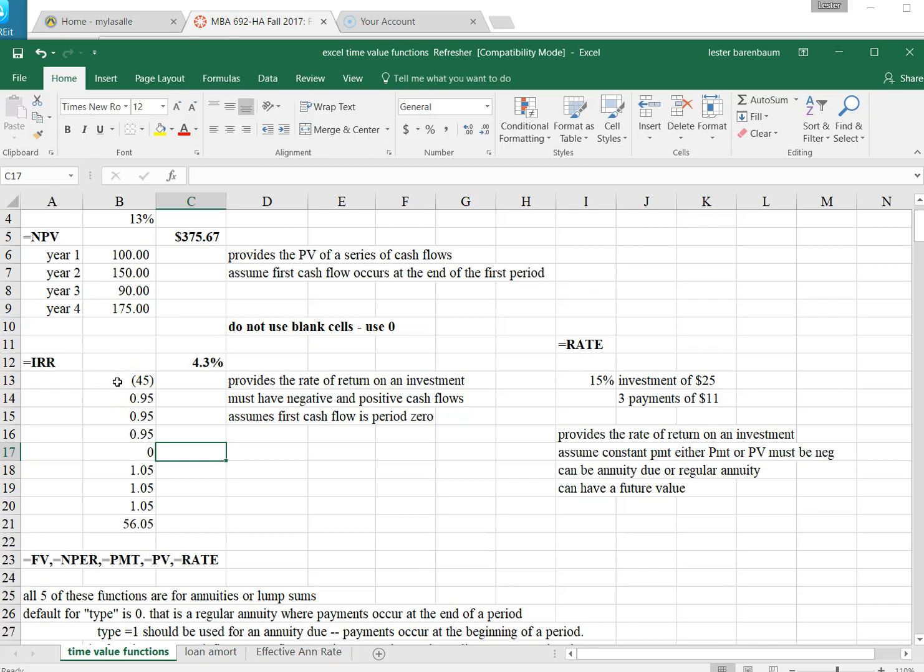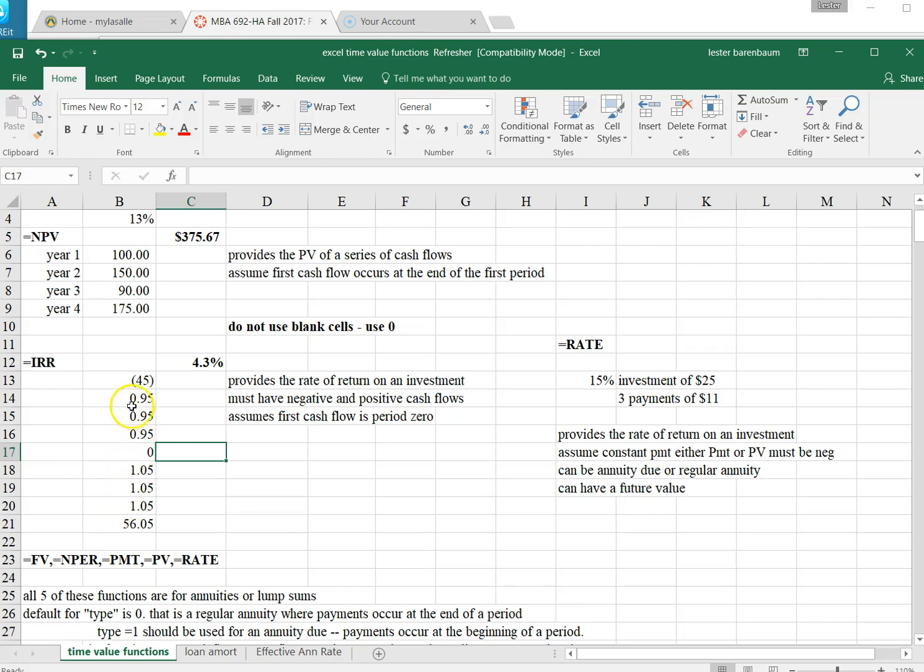The sum of the cash flows, or at least one of the cash flows, must be negative. IRR is premised on an investment, cash outflow, and then cash inflows. Again, the cash inflows can be different.